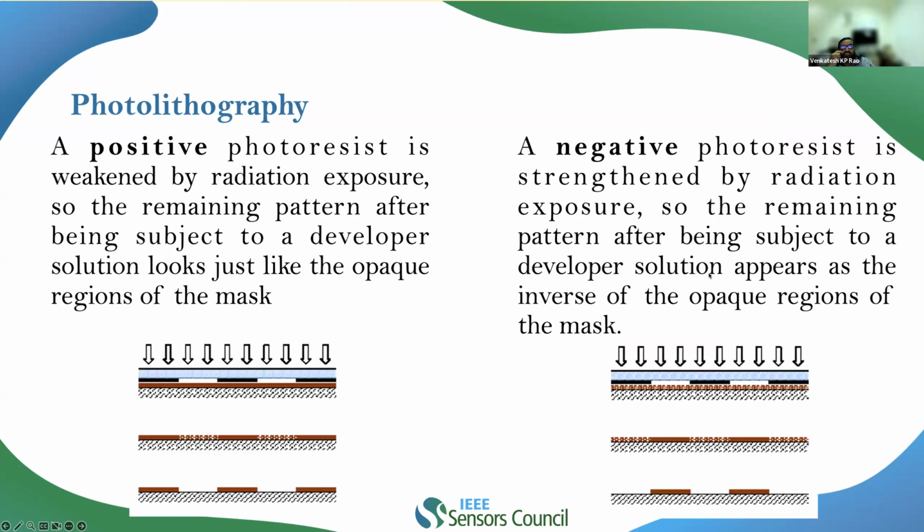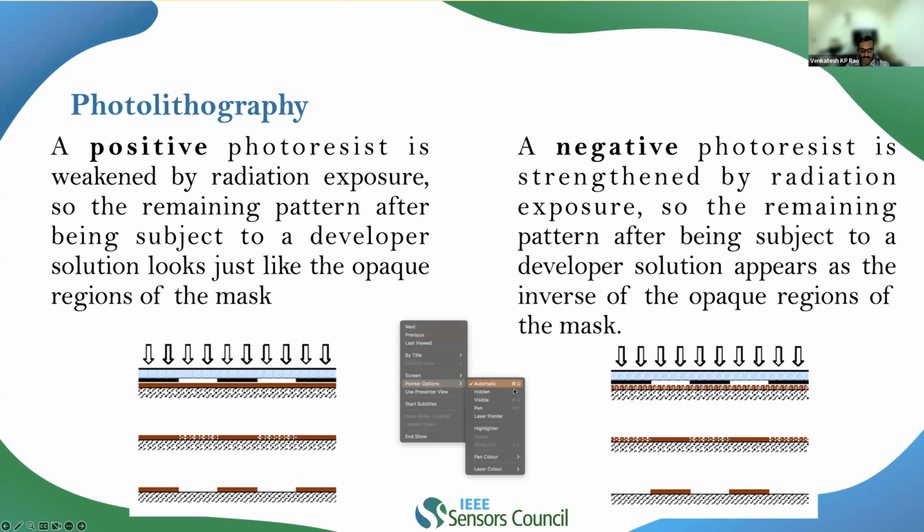Whenever we take a photolithography process under consideration, we can classify photoresists into positive photoresist and negative photoresist, because we spin coat the photoresist and develop it. The first one is the positive photoresist.